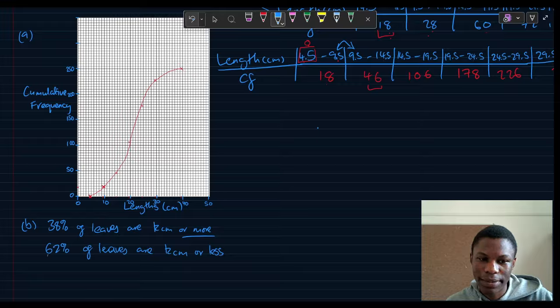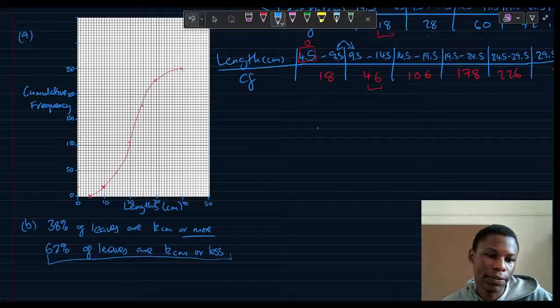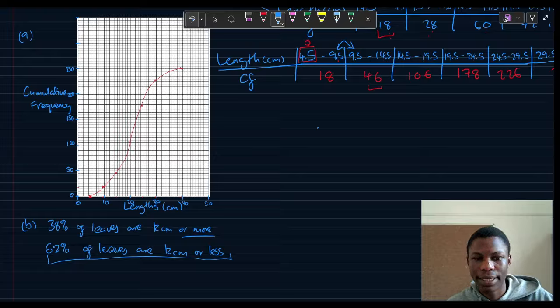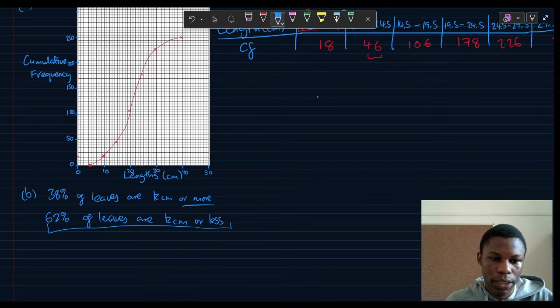And this value is much easier to read off from your cumulative frequency graph. So I would highly advise, if you get a question that says 38% of leaves are k centimeters or more, just invert the problem and look at it from the less perspective, because that's naturally how your cumulative frequency graph reads.